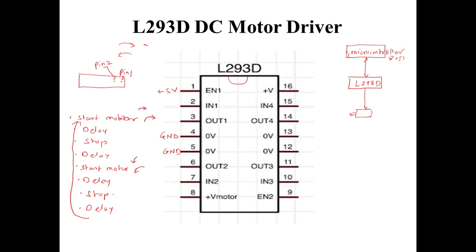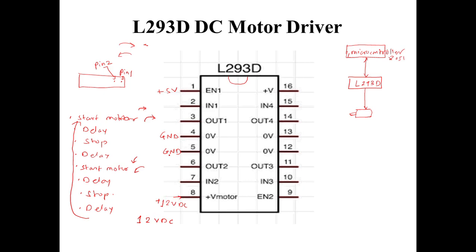Okay, then at pin 8 we will have the supply which is given to the motor. Now as I said earlier, the motor is 12 volt DC, so I'll be giving a plus 12 volt DC supply to this pin number 8.